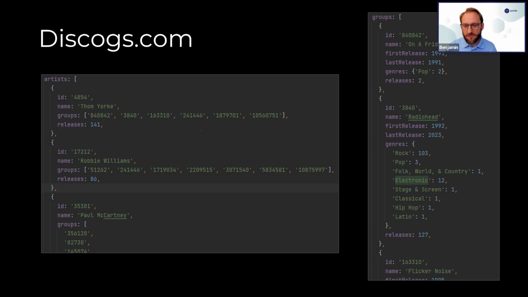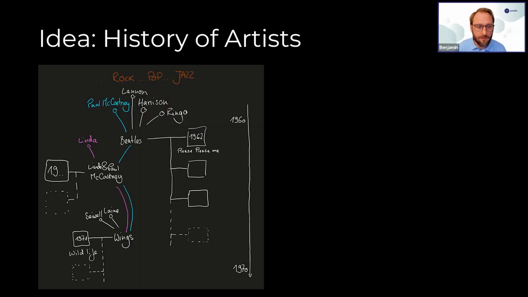And now it would be nice to get a visualization of this graph, or of this data, basically. In the previous episodes, I discussed which kinds of visualizations you could think of. At the end, we came up with one visualization that should convey some information about the history of the artist. The idea is that each artist represents a path in this graph visualization.